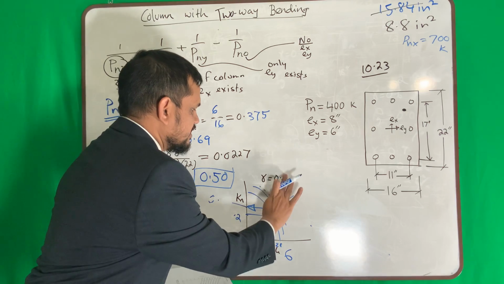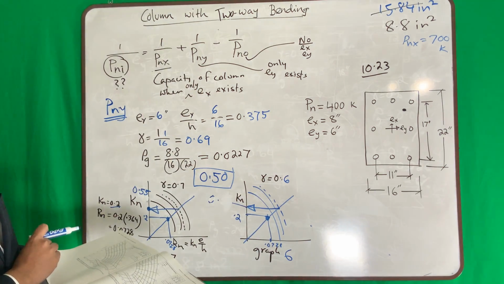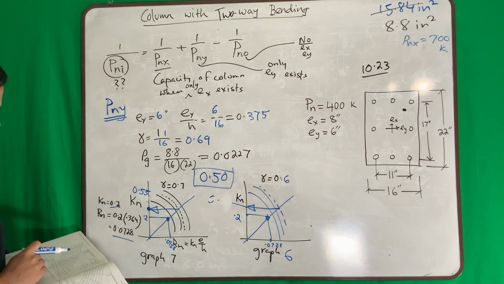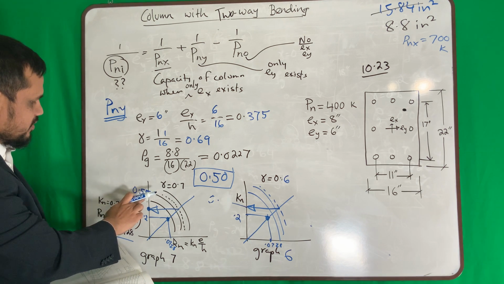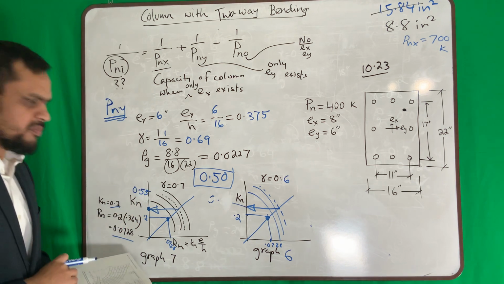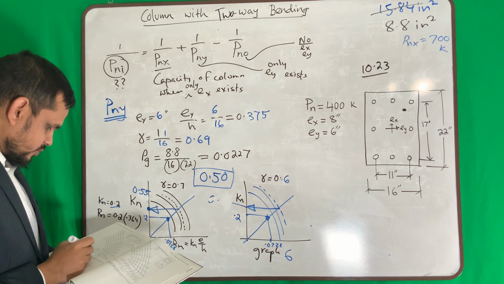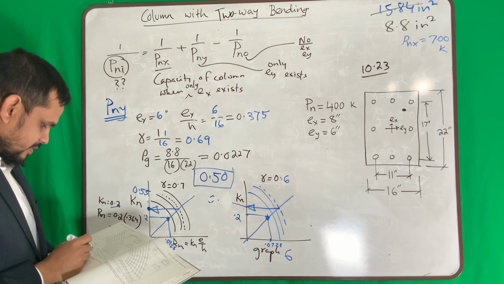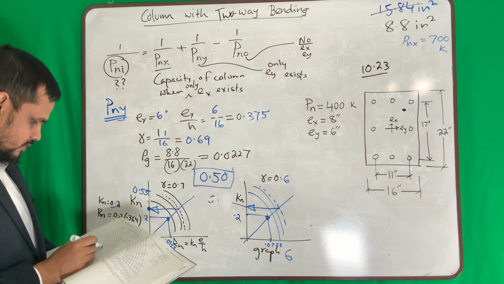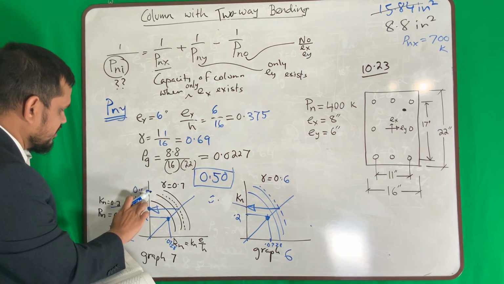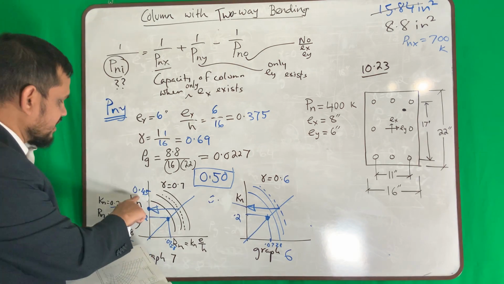Then we will go to 0.6. For 0.6, gamma is 0.6. I forgot what was the value here, 0.4 something or 0.5. Okay, let me find this value again. So 0.2, 0.07, if I go this way, no, it was 0.45 something. So you can go back and find the value here.